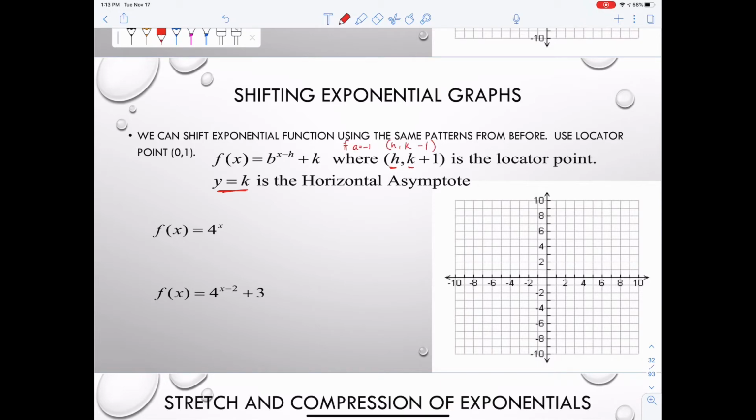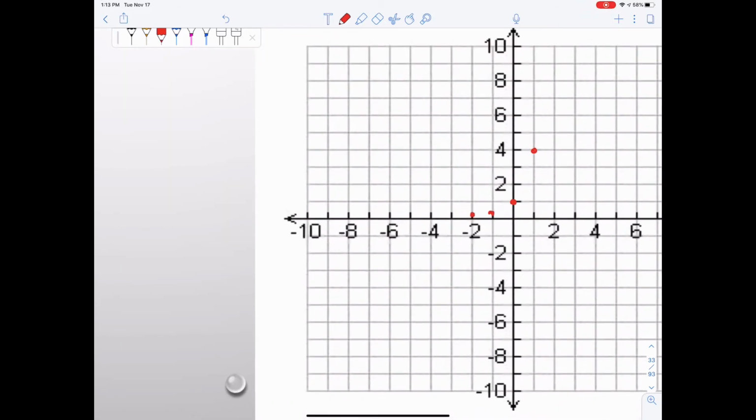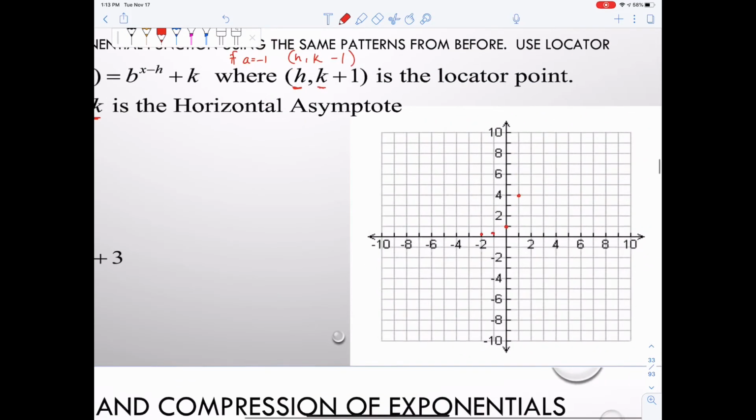All right, so if I have the graph here, f of x equals 4 to the x, I can sketch that parent function. I'm going to do so relatively lightly. And maybe we get a function that looks something about like this with a horizontal asymptote at y equals 0, right? So for 4 to the x, I'm going to have a graph that looks something about like that.